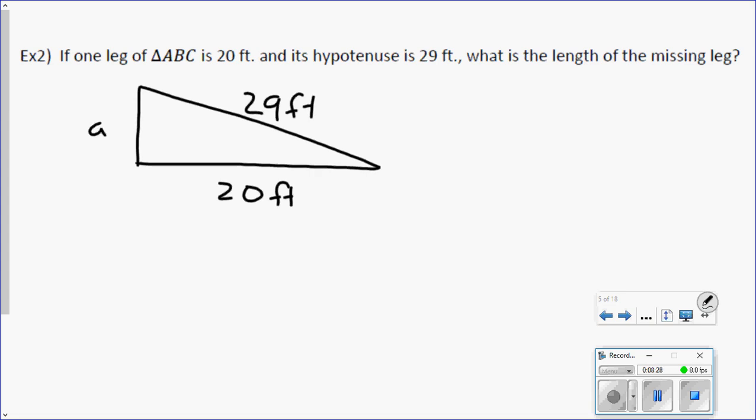We'll call it H. The hypotenuse is always going to be opposite the right angle. So then, I'm going to plug it into the Pythagorean theorem. This time it would look something like this. A squared plus 20 squared is going to equal 29 squared.